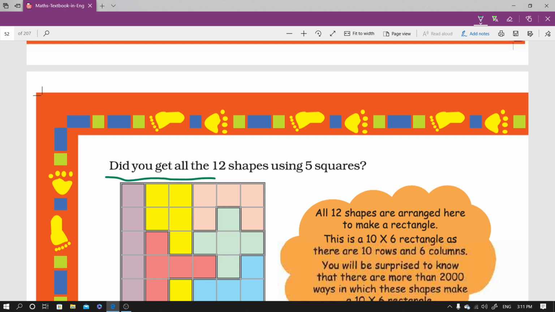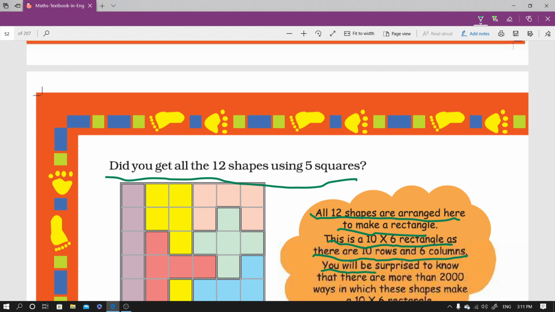Did you get all the 12 shapes using 5 squares? All 12 shapes are arranged here. To make a rectangle, this is a 10 multiplied by 6 rectangle as there are 10 rows and 6 columns.